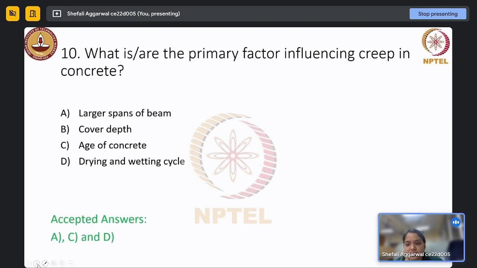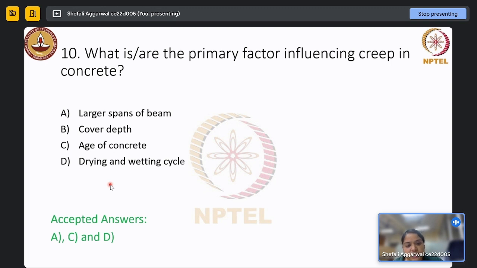So the right answers are A, C, and D. The span of beam will affect the creep. More the span, more will be the creep. Cover depth, as you have said, but it is a secondary factor, not a primary factor. Next, age of concrete, as I think you all have understood, and drying and wetting cycle.